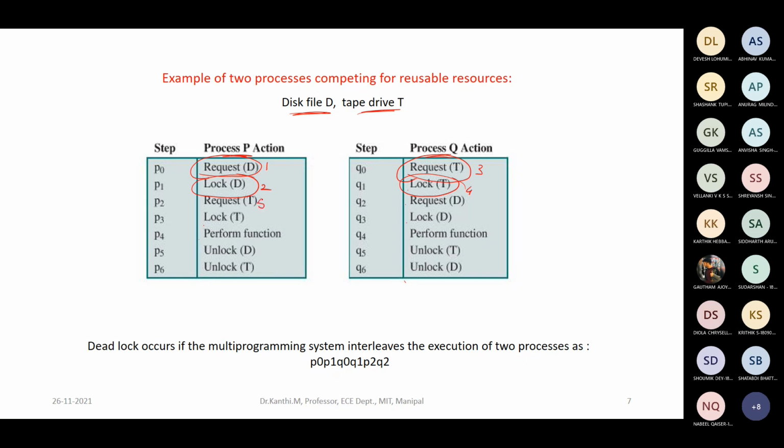If I try to execute this with interleaving, P requests T, but T is with Q, and Q tries to request D, but D is with P. So this set of sequence will cause deadlock. Okay, I hope you got it.